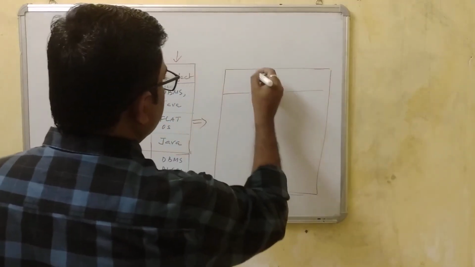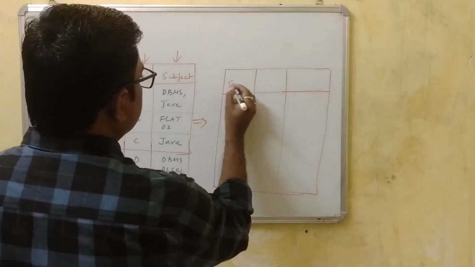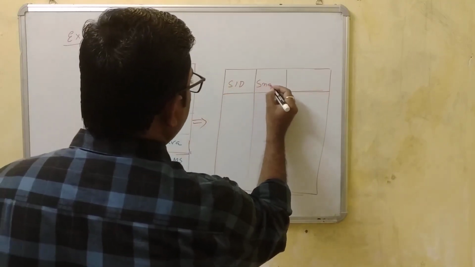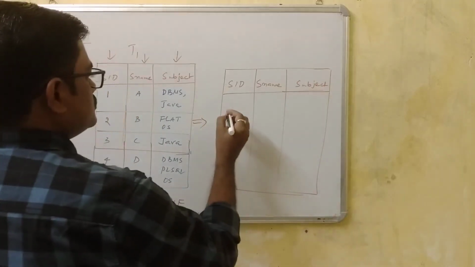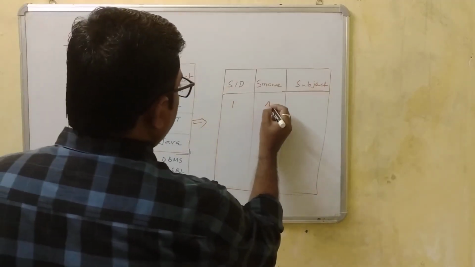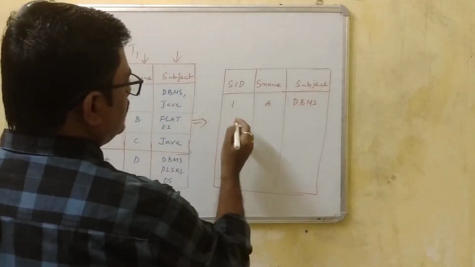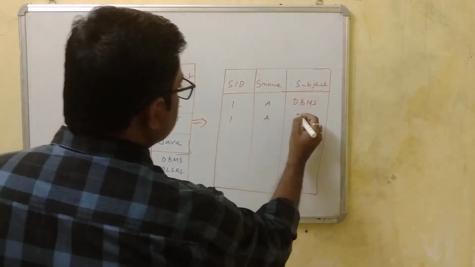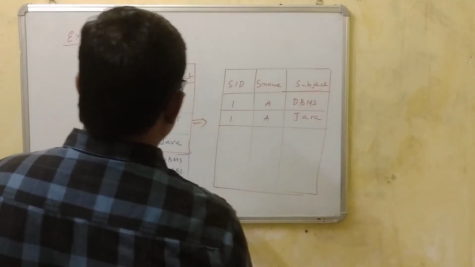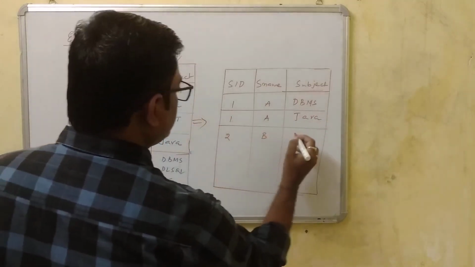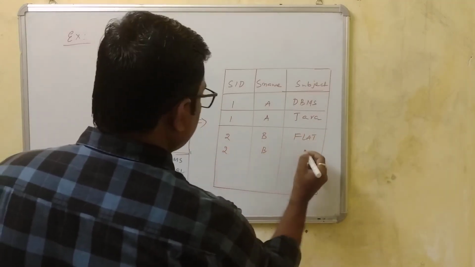Now we are converting into first normal form with SID, S name, and subject. The values are 1A with each subject taken as a separate record: 1A DBMS, 1A Java. Then 2B flat, 2B OS.